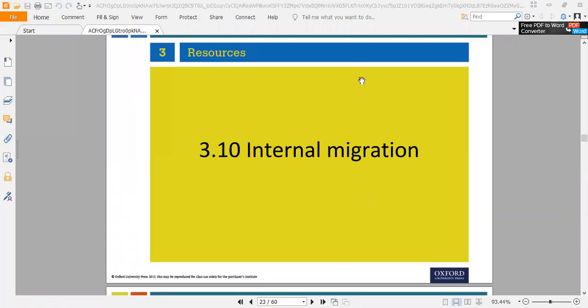Right? So does anyone know how to explain each of the concepts? So do you know how to explain rural to rural?